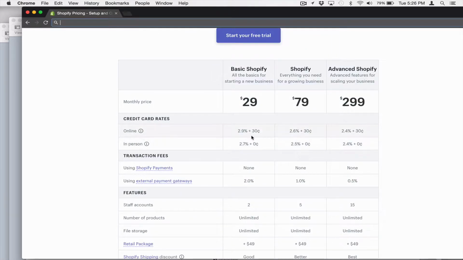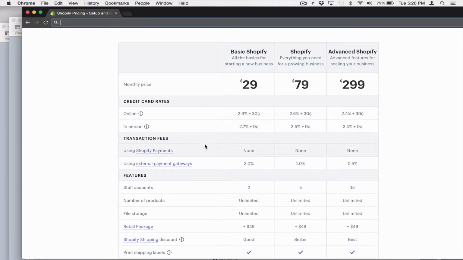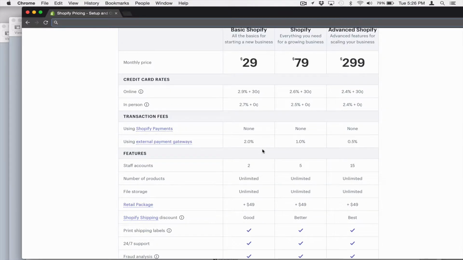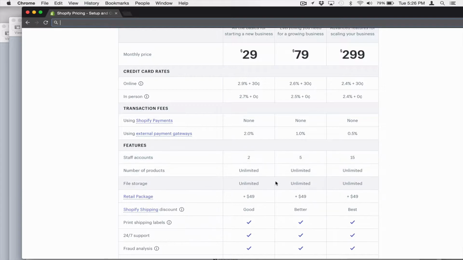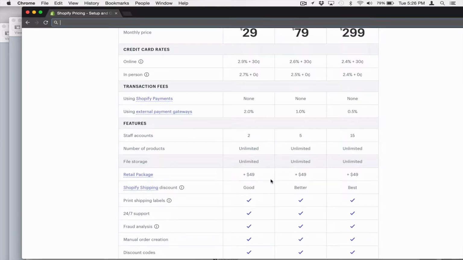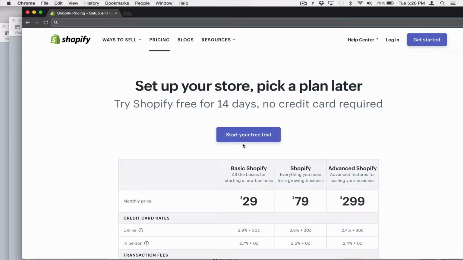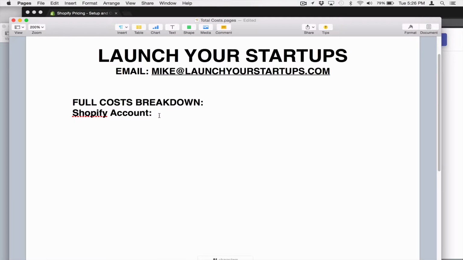Their credit card fees are 2.9% plus 30 cents. If you use Shopify Payments, there's actually no transaction fees. You can see here the staff accounts are 2, number of products unlimited, file storage unlimited. That's one of the cool things that I love about Shopify. So first thing, Shopify is $29 a month.